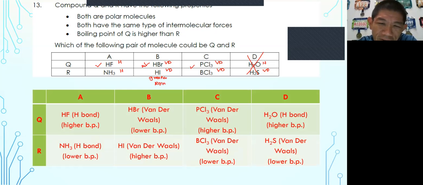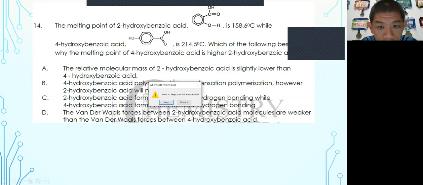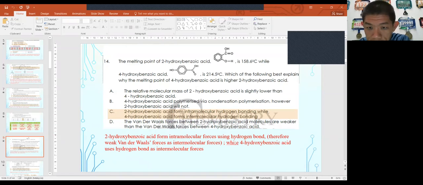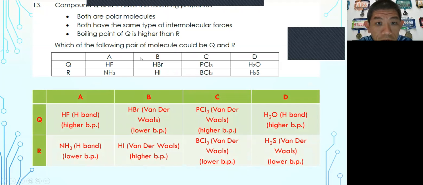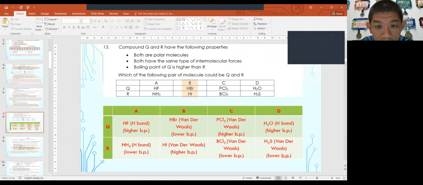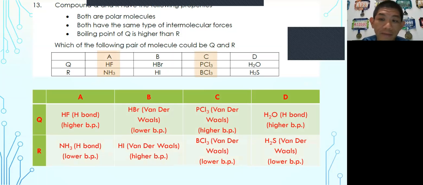So in here, your answer could be A, and your answer could be C. Boiling point of Q is higher than R, so therefore your best answer in here could be A or could be C. Okay, so it's A and C. Both answers in here. Okay, so this is for question number 13.